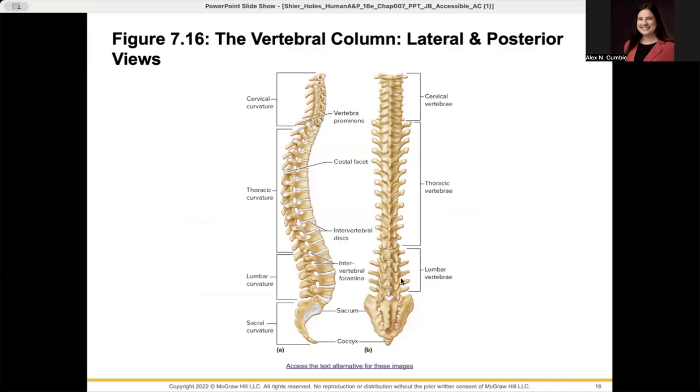You might think about lumbar support, right? Support for your lower back. That's where your lumbar vertebrae are. And then getting down to the bottom here, we have some fused vertebrae, your sacrum, which is this larger bone here, and then your coccyx, which is your tailbone, this smaller piece here. These are what make up your vertebral column. So we have cervical, thoracic, lumbar, sacrum, and coccyx.